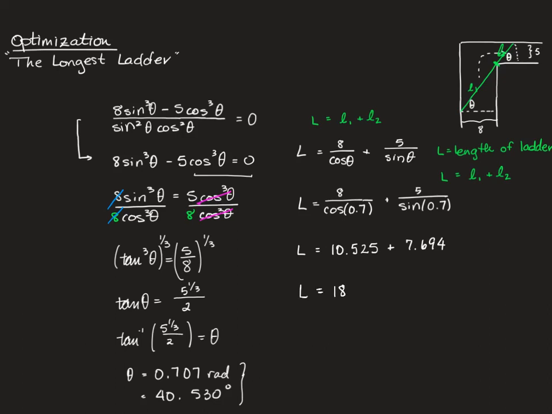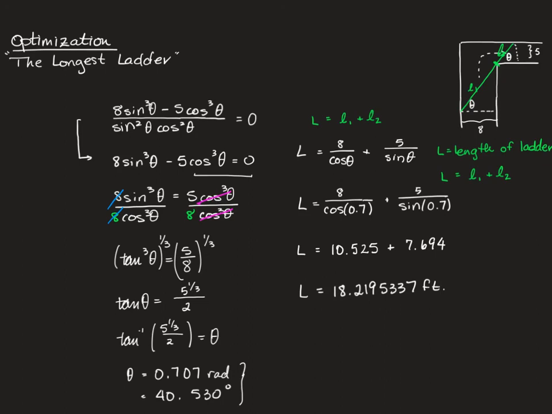Okay, having done that now on the calculator, I can tell you that the length is 18.21953337 feet. That is the longest ladder I will get around the corner assuming that the corner is at right angles and that the widths of the hallways are 8 feet and 5 feet respectively.